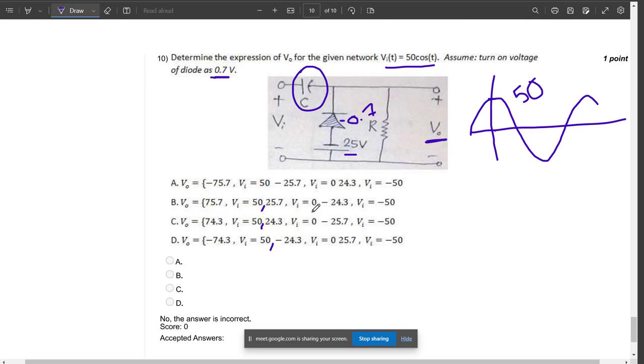When Vi is equal to 0, what is the value of VO? When Vi is equal to minus 50, what is the value of VO? So for these three conditions, you have to find out the value of VO. First is, when Vi is equal to 50, find out the value of VO.